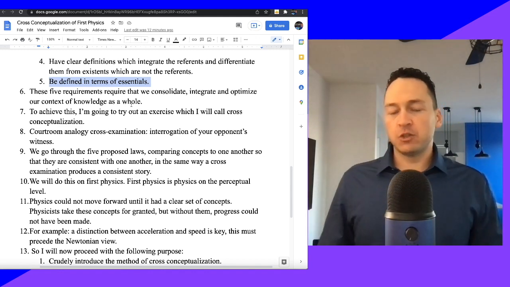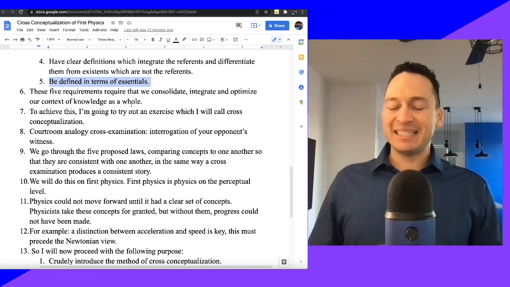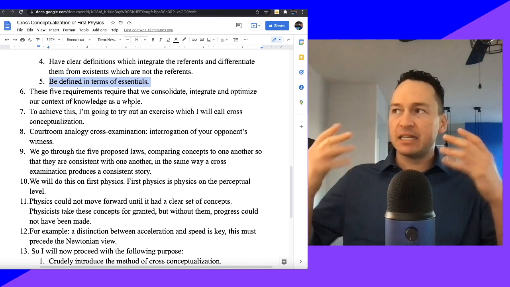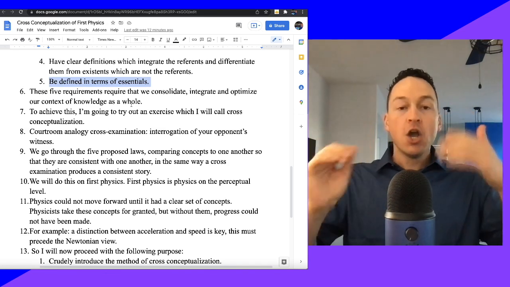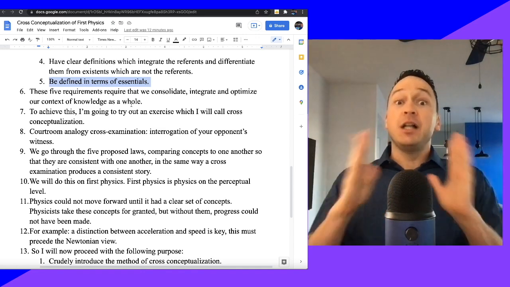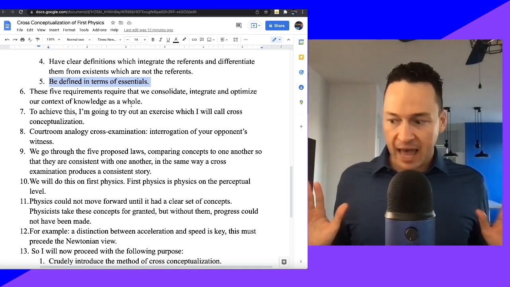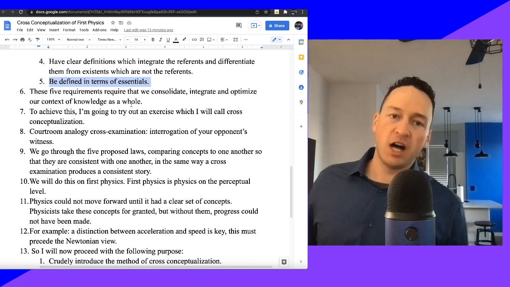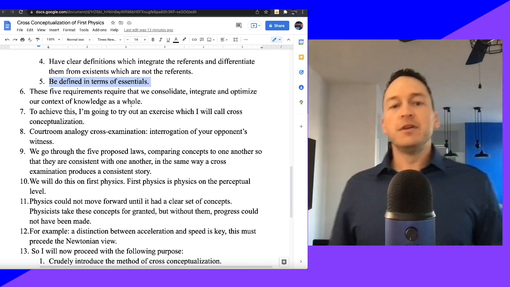Why do you want to do this? Well, because what that does is it identifies the maximum, it calls to mind a bunch of linkages between those characteristics and as many possible other characteristics of the class as possible, because all of those other characteristics are causally linked to the essential.